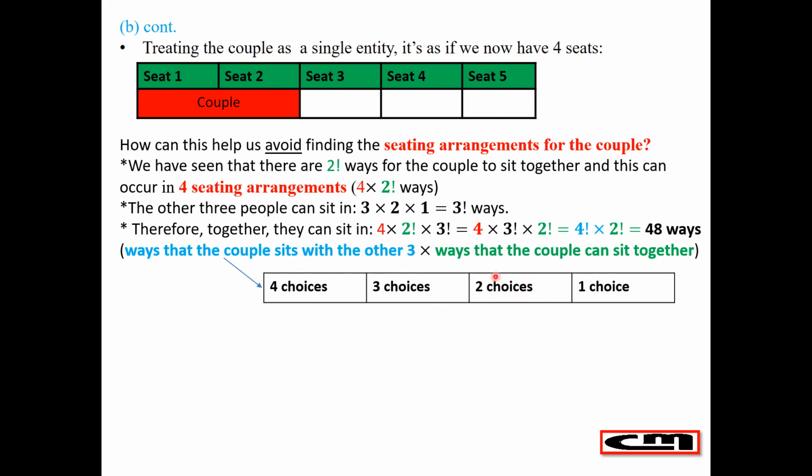The third seat, any of the 2 can sit there. Once it's filled, you are left with the 1 to occupy the last seat. But these are different choices for the 4 seats that we have. Together, it will be 4 times 3 times 2 times 1. That is the fundamental counting principle, which simply means 4 factorial, which is what we have here.